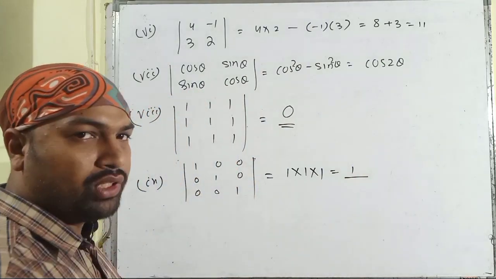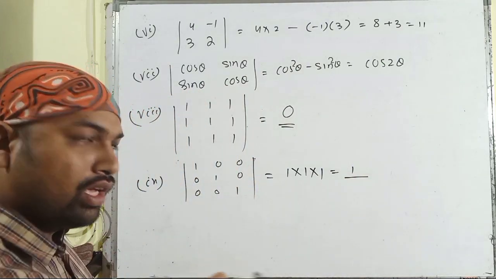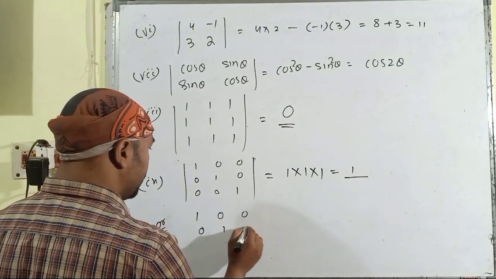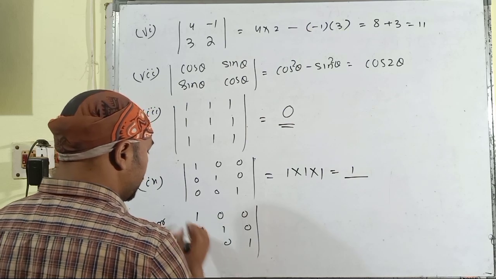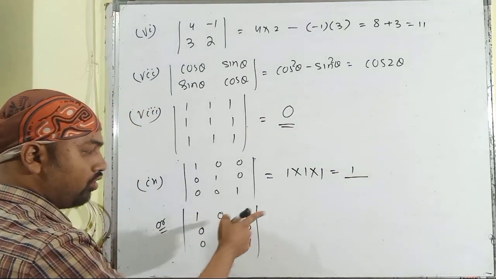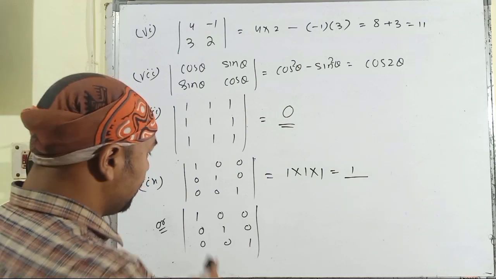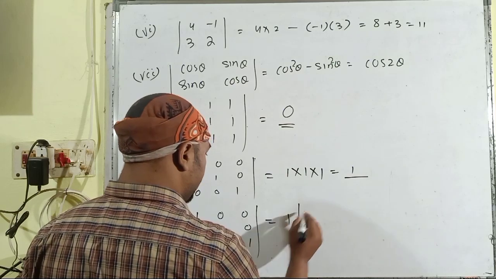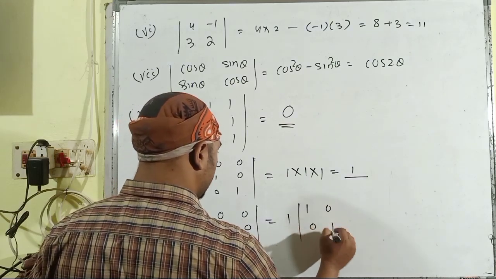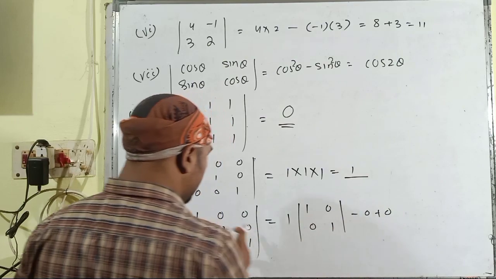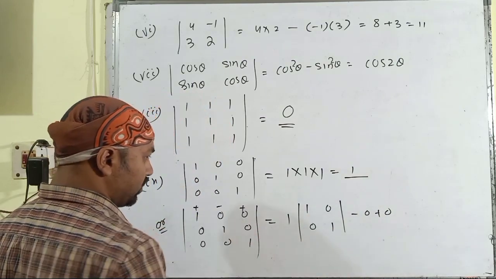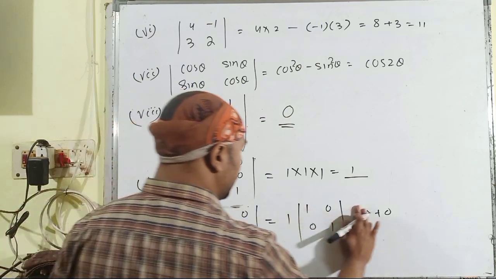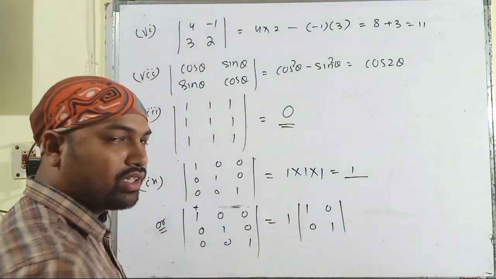And also we can evaluate this determinant by another method. 1 0 0 0 1 0 0 0 1. Expanding the determinant based upon the first row, we have 1 multiplied with the determinant of 1 0 0 1, minus 0, plus 0. This is plus minus plus, but we don't need to write down these elements because these are 0 and will not affect our result.